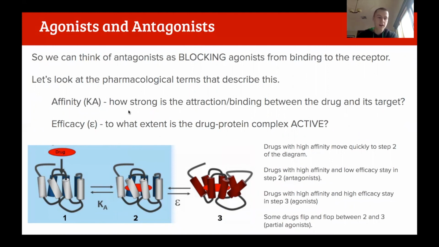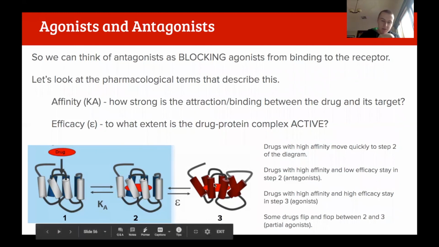The pharmacological way to think about this is using these two principles of affinity and efficacy. Affinity is talking about how much the drug likes the protein and vice versa. And efficacy is talking about, well, once they're bound together, how active does the drug protein complex become? Or rather, how much time does it spend in this active state here?